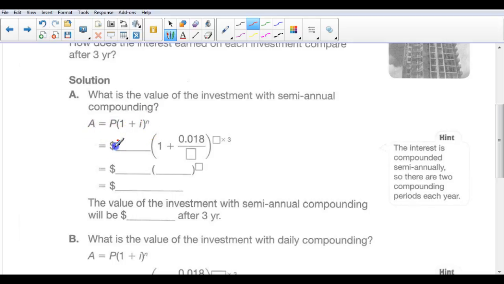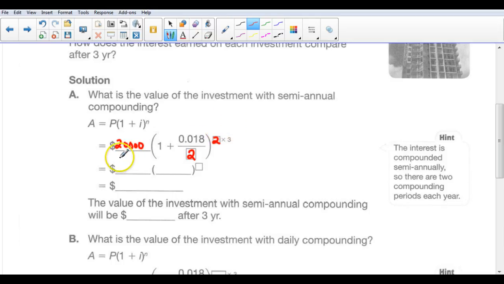So the first one, she invested $20,000. She did it semi-annually, which means she did it 2 times per year. So what that means is we have to take the interest rate per year and cut it in half. So whatever number we have down here at the bottom, we have to put it up here with the other exponent.